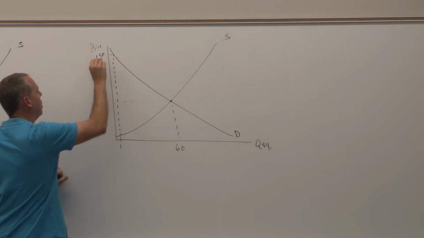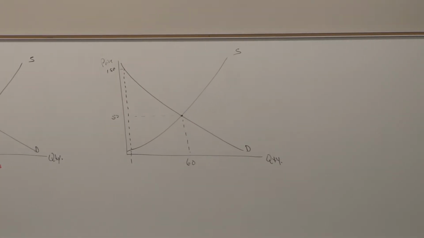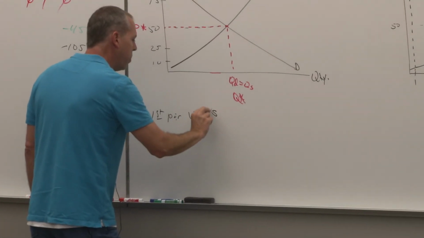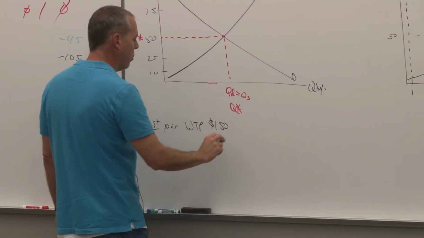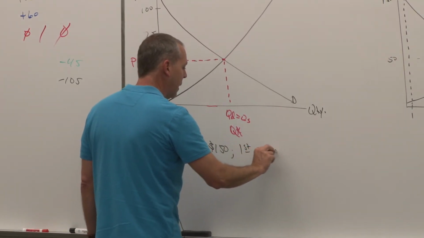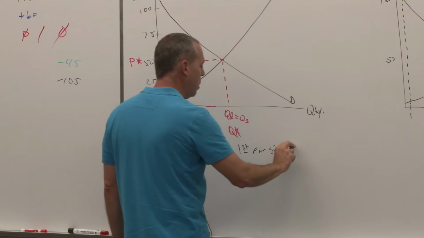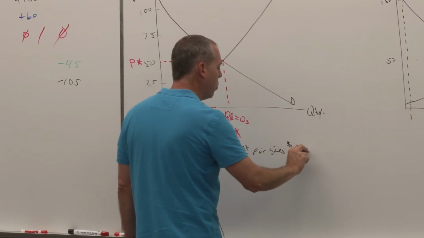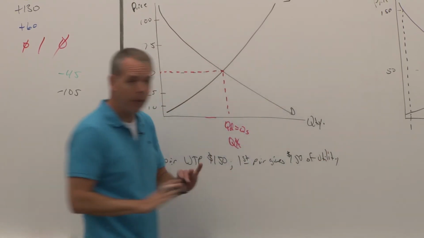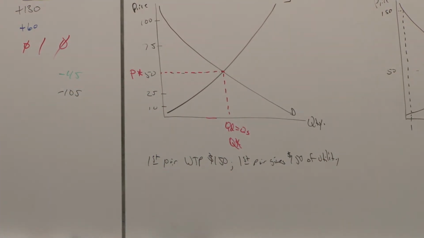Does everyone see how I got that? Right? So let's say what we got here is that for our first pair, people are willing to pay $150 because that first pair gives $150 worth of utility. Doesn't mean they'll have to pay it, it just means they're willing to pay it.